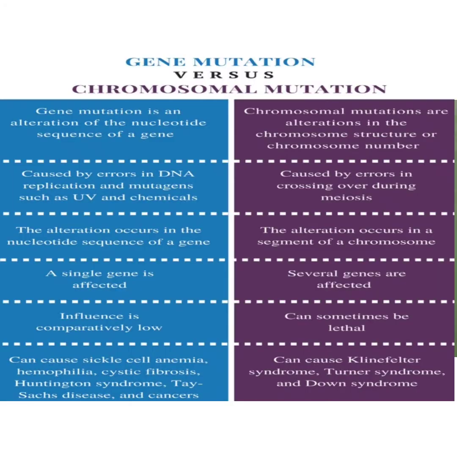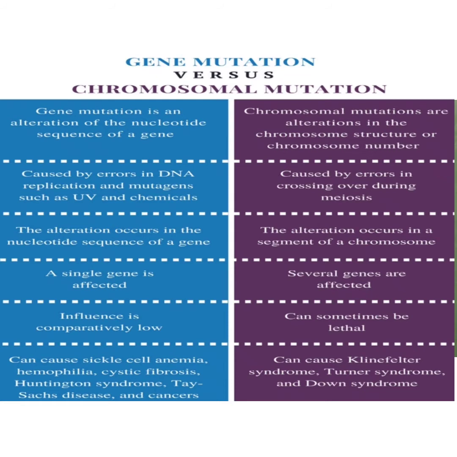So, what are the differences between gene mutation and chromosomal mutation? Gene mutation is an alteration of the nucleotide sequence of a gene. Chromosomal mutations are alterations in the chromosome structure or chromosome number. Gene mutations are caused by errors in DNA replication and by mutagens such as UV and chemicals, whereas chromosomal mutation is caused by errors in crossing over during meiosis.